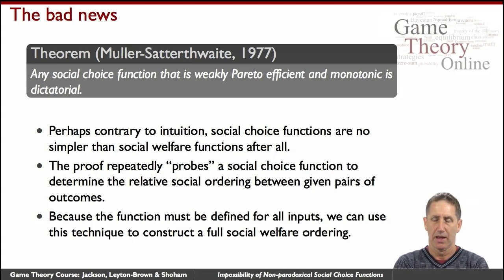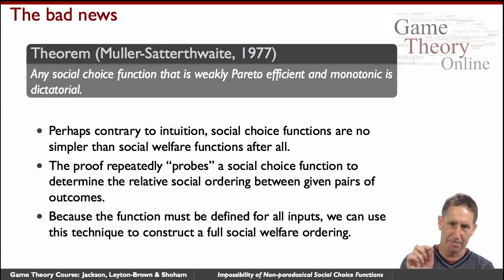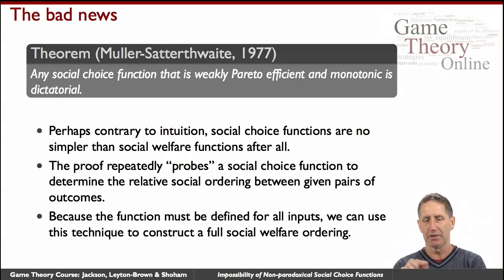And so, after all, social choice functions aren't more benign than social welfare functions. We won't go through the proof, but the intuition is that in order to determine the relative ordering among candidates, we need to probe it everywhere. And if we probe it enough, we'll get the entire social welfare function.